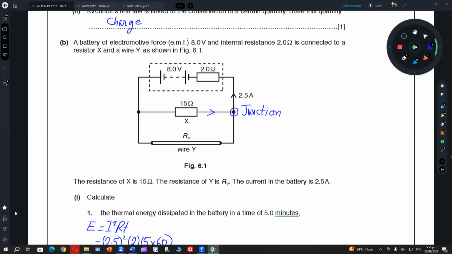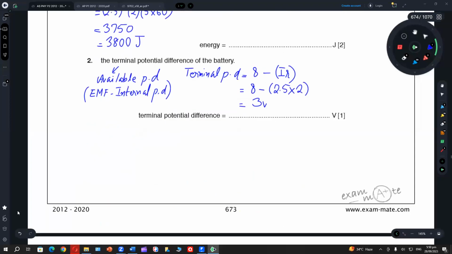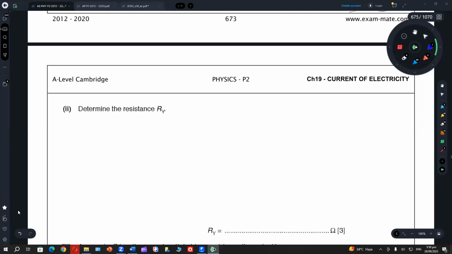I can use Kirchhoff's rule. I say it is I1 and I say it is I2. How can I find I1? 15 ohm is the resistance, so 3 divided by 15, because 3 is the terminal PD. Right. So you will tell the examiner that PD is the same in parallel.